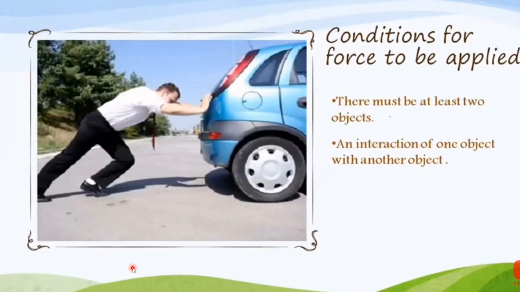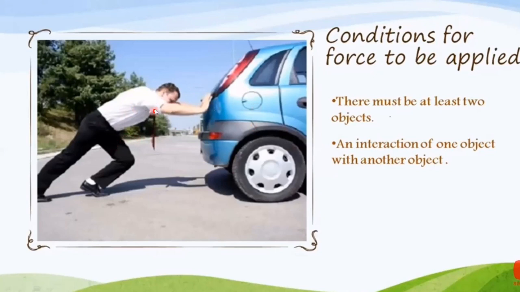Understood, children? Now, what are the conditions for the force to be applied? In all the examples we have studied now, you can observe one thing, isn't it, children? There must be at least two objects. So, in order to apply a force, we need two objects. In this figure, you are observing that a person is trying to push a car.